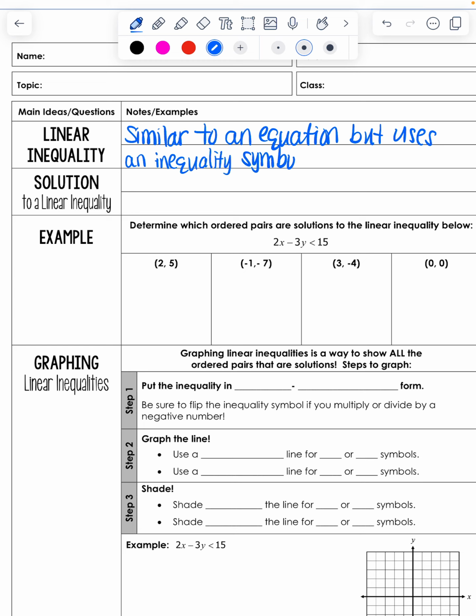Now there are four inequality symbols: less than, greater than, less than or equal to, and greater than or equal to. The solution to a linear inequality would be all of the ordered pairs that make the inequality true.